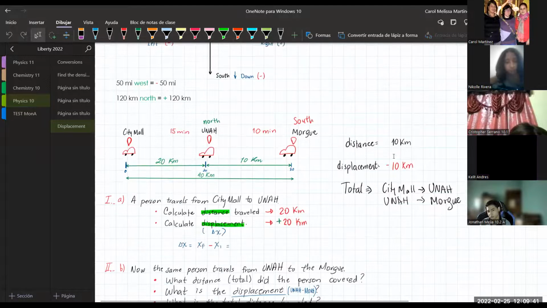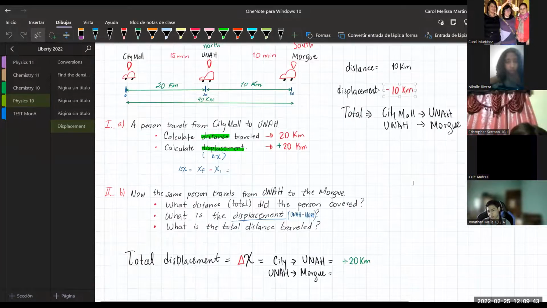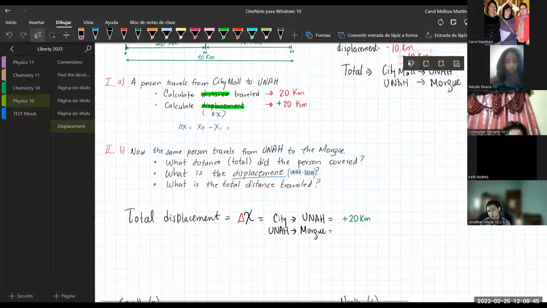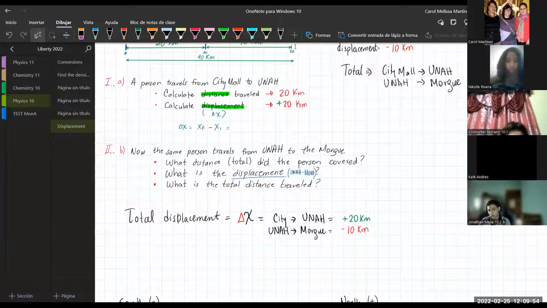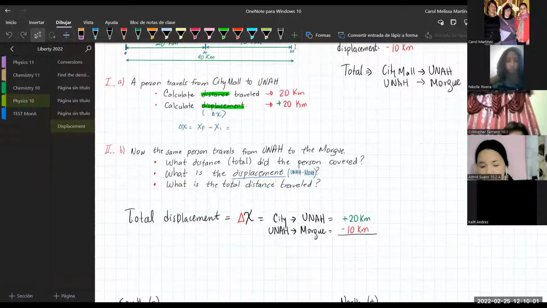From Una to the morgue we got negative 10 kilometers. So in here, what is the total displacement that we get? Since we have different sign numbers, plus 20 minus 10, we're going to subtract. It's going to give us positive 10. Even though the person traveled 30 kilometers in total, the displacement was only 10 kilometers.